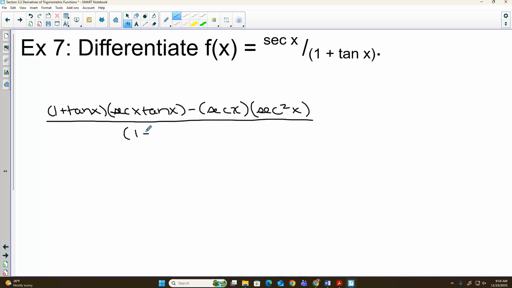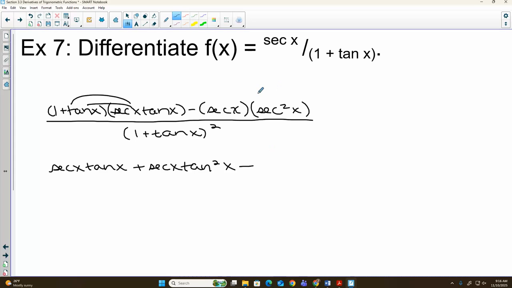All over low squared. So you can distribute, we get secant x tangent x. I take that times tangent, that gives me plus secant x tangent squared x. Minus secant times secant squared gives secant to the third. Over 1 plus tangent x squared.